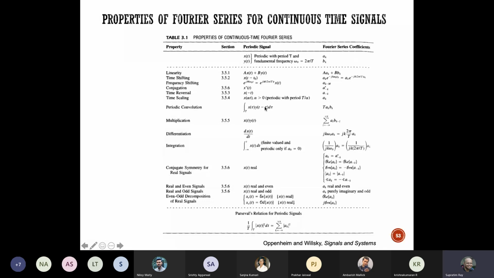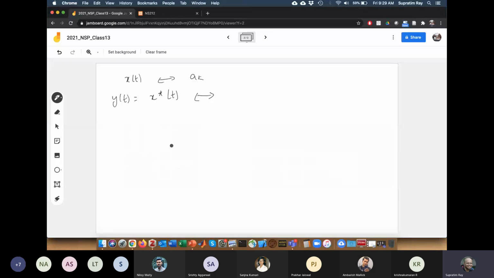So now I'm going to ask: what is the kth coefficient of x(t)y(t)? You will notice that it's just given by this formula here.